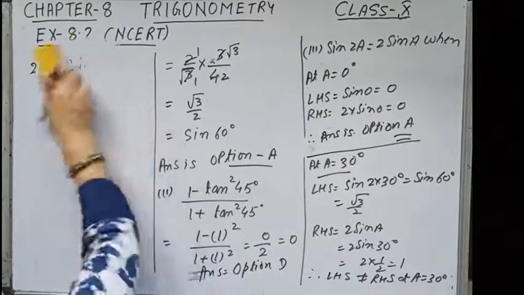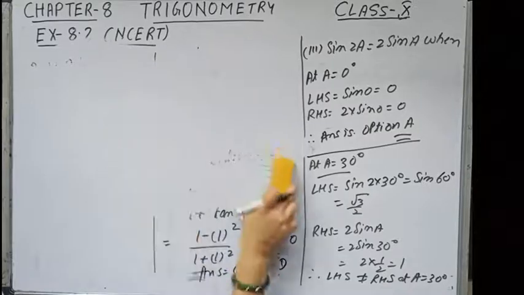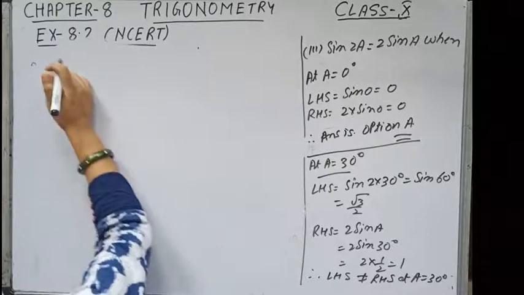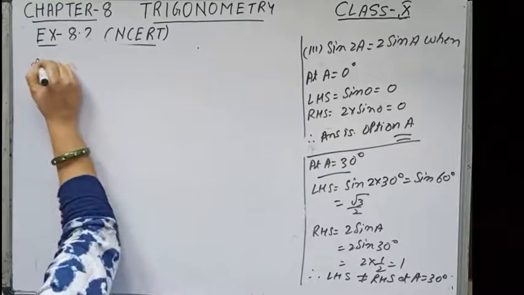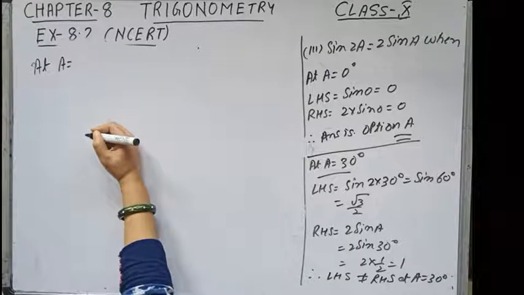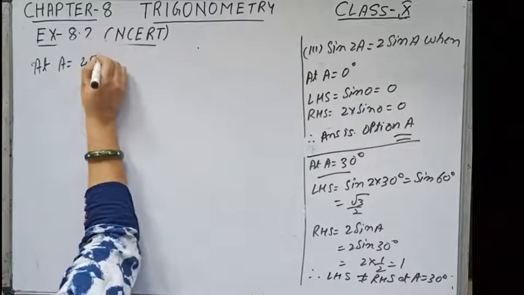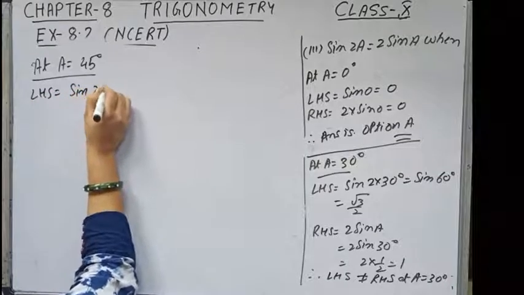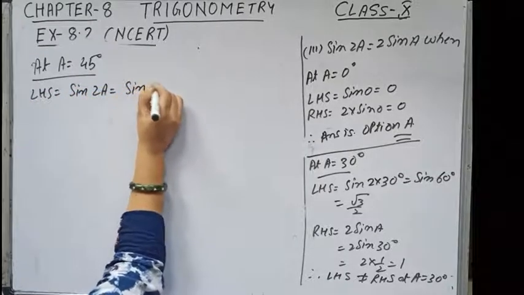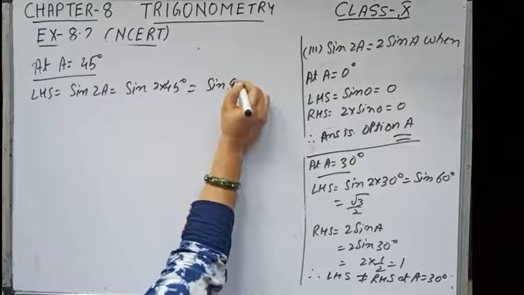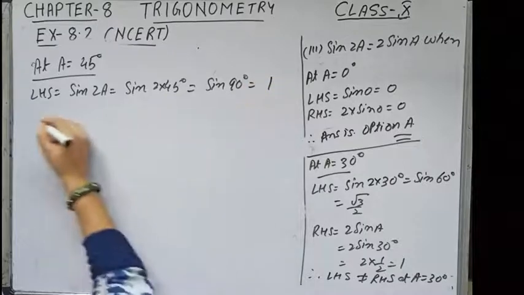But for the sake of satisfaction, I am doing the other angles which are given in the question. The next angle given is 45 degree. At A equals 45 degree, LHS equals sine of 2A equals sine of 2 into 45 degree equals sine of 90 degree, and it is equal to 1.